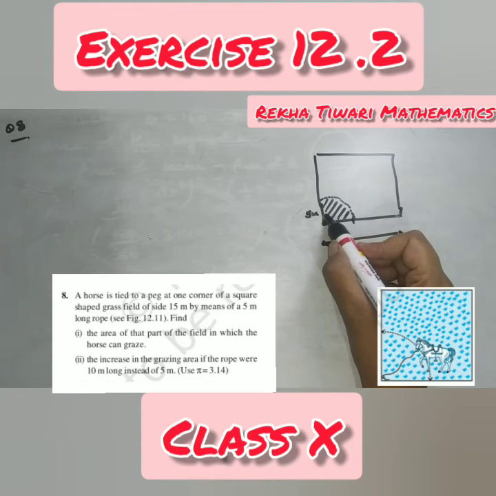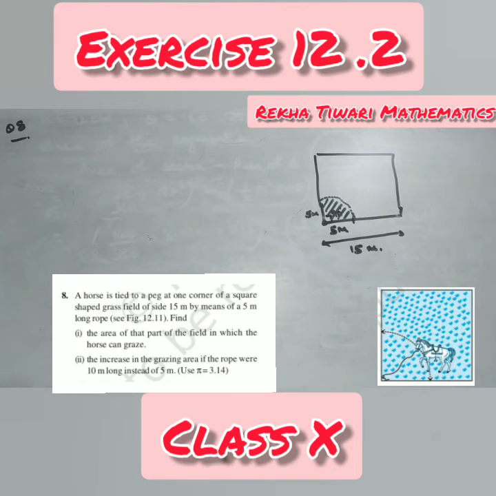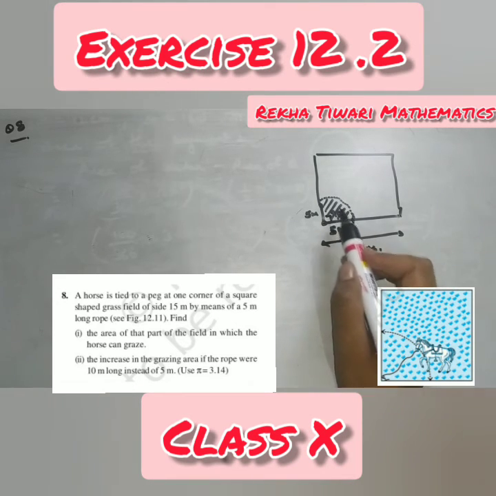And what about theta? Theta is 90 because it is a square given to you, and in a square all the 4 angles are 90 degree. What you have to find out? You have to find out the area of that part of the field in which the horse can graze. That means you have to find out the area of this region.